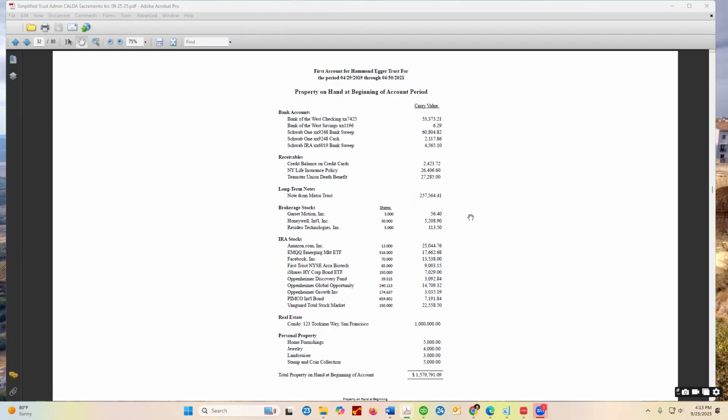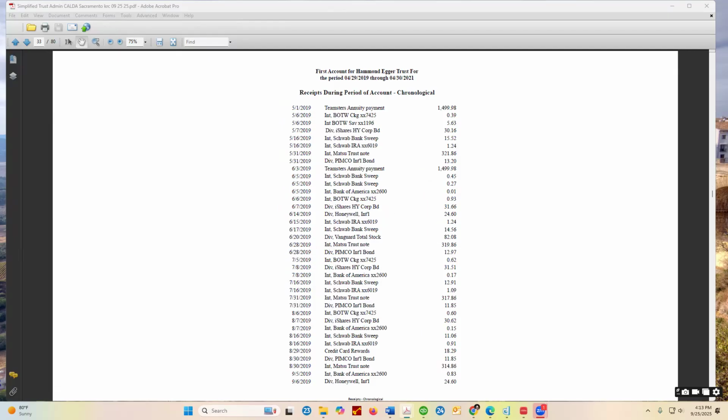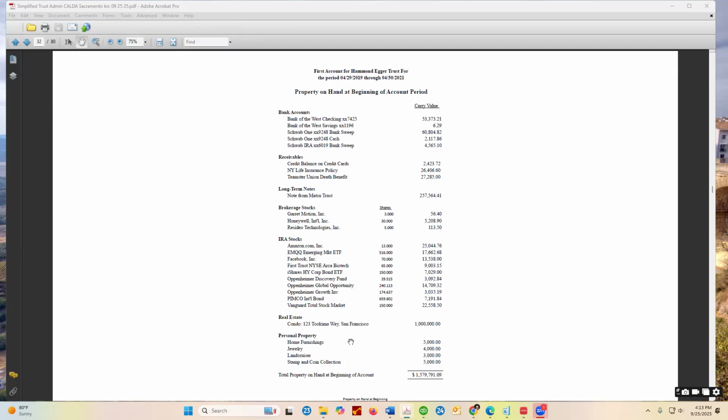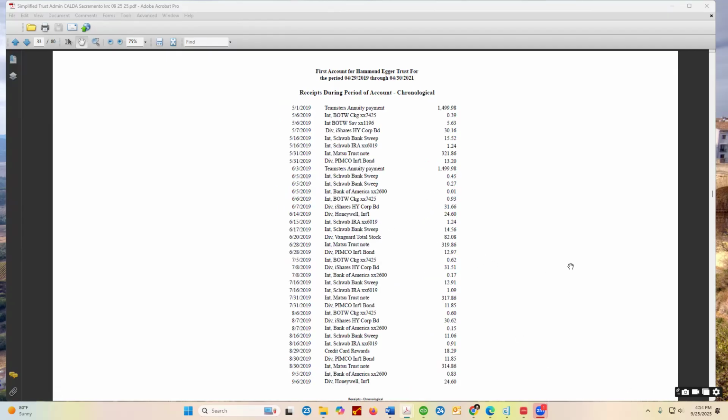So we call that the beginning inventory and appraisal. And if there's real property, it would be listed here, appraised value, jewelry. Then for the income during the year, there are government forms, but you can also do it on a spreadsheet. You can show every receipt that came in chronological order.